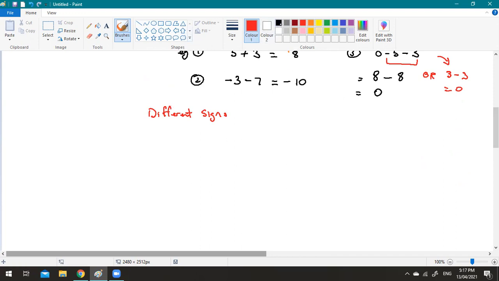So when we have different signs, we subtract. And this is where we keep the sign of the larger number.